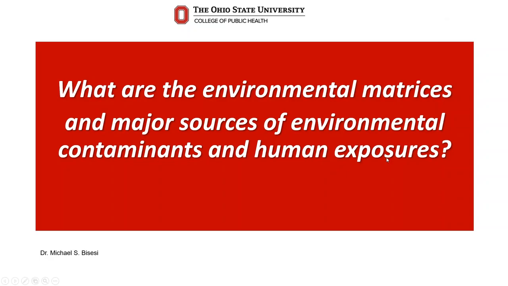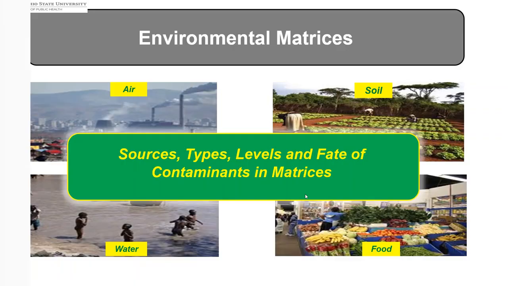So let's shift and talk about the matrices, because for exposure to occur, there are typically sources of contamination. And the sources come from 2 directions. There are sources that contribute to contaminating a matrix, and then once this matrix is contaminated, that becomes the source of exposure.